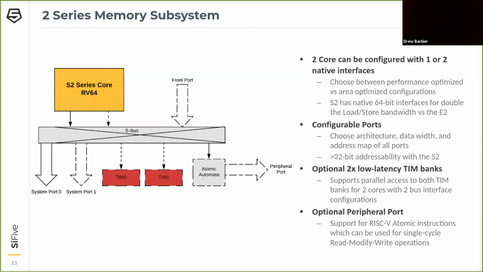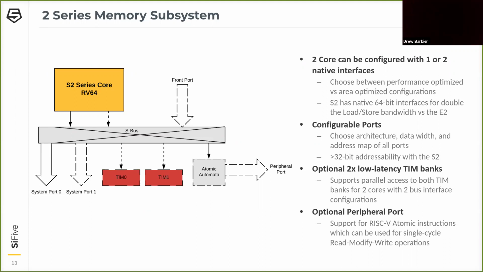The TIM banks don't have any strict enforcement of what type of data they have, so both banks can store instructions and data, and both banks can be accessed by either port on the 2 series core. So if you only have a single port, then that single port can access both TIM banks, or if you have separate instruction and data ports out of the core, both of those ports can access either of the TIM banks. So there's no restrictions really on what can be placed in which memory or which type of access can access the bank.